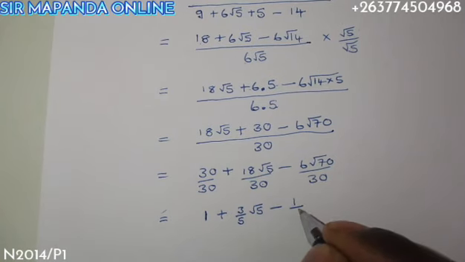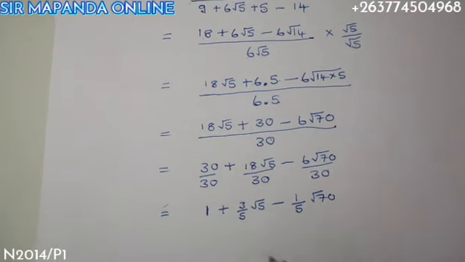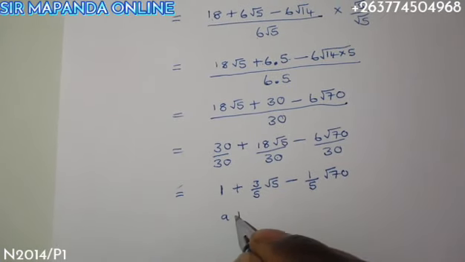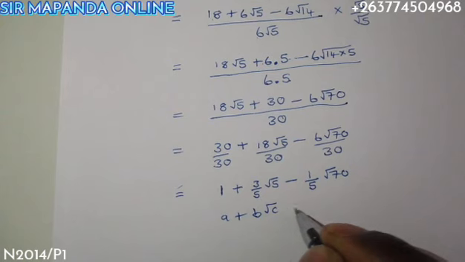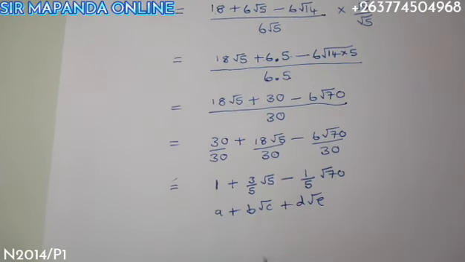So you now have 1 over 5 root 70. And this is the form a plus b root c plus d root e being required, where a is 1, b is 3 over 5, c is 5, d is 1 over 5, and e is 70. So this is how you're supposed to attack this question.